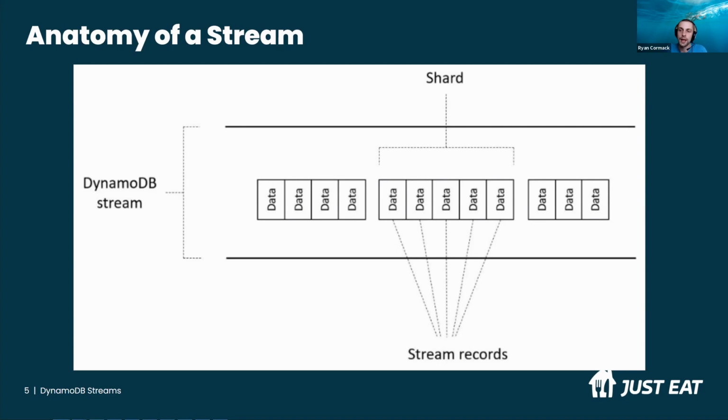It will add your data to different shards across the stream so it can continue to spread the load evenly. And then you've got the individual records or pieces of data on the stream. Each one of these data blocks here is an individual change to an individual record on a Dynamo table. So every single create, update, delete will result in an individual item being added to the stream.